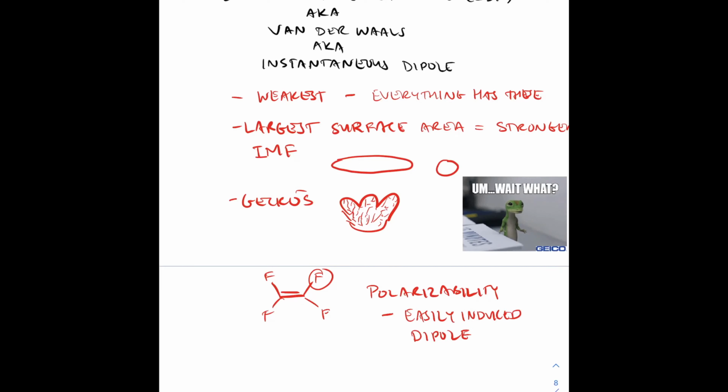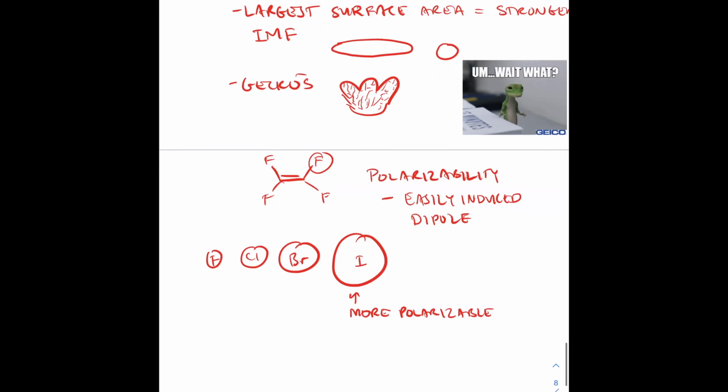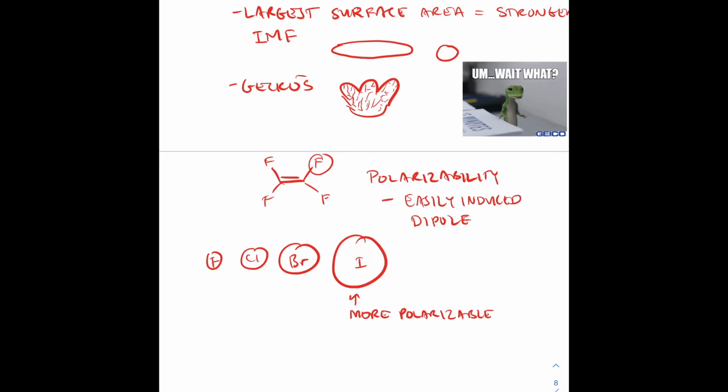And so the bigger the atom, so let's say we've got fluorine, chlorine, bromine, and iodine. Iodine being larger is more polarizable. Okay, more polarizable, and so therefore, since we can easily induce a dipole, that means we can manipulate the electron sphere, if you will, around the iodine.